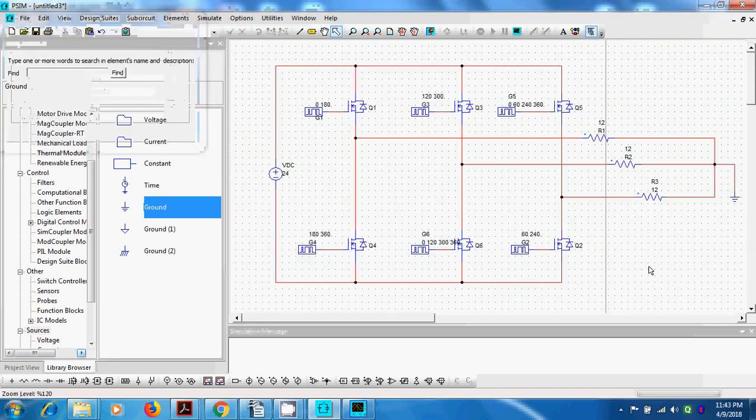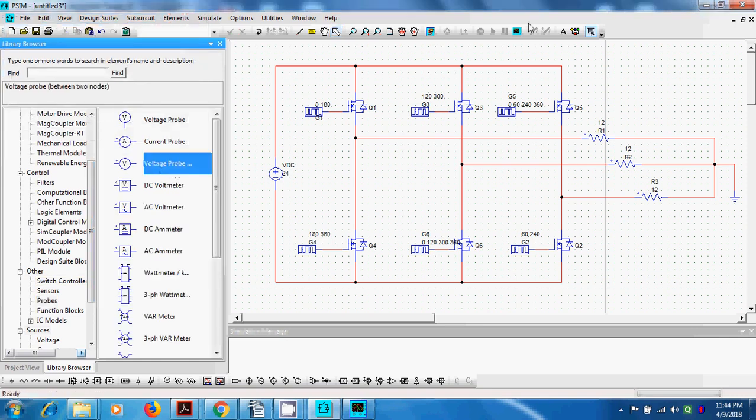Now I have to find out the phase voltages. So phase voltages are definitely the voltage between R and this neutral. So for that I have to use the probes, that is this voltage probe. Positive is towards this. So this is my voltage probe. That is VRN. Another one is VYN, another one is VBN. How I have connected it, I have to see very carefully. So one is R, one minute. So before the resistor I have to connect it actually.